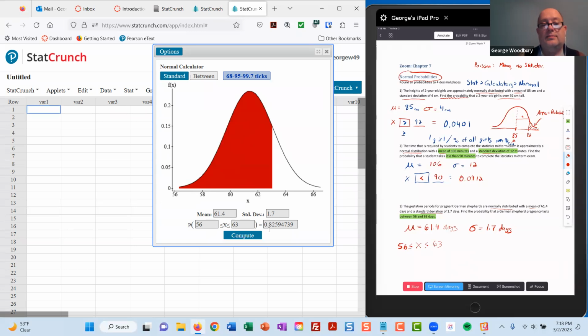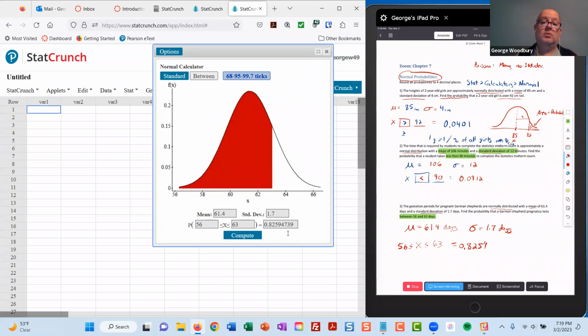Anyway, 0.82594, that's too small to round up. 0.8259. So here, that's about 82 or 83%. That means if you have a German Shepherd that's going to have puppies, there's about an 83% chance that it'll be between 8 and 9 weeks, 56 days and 63 days.